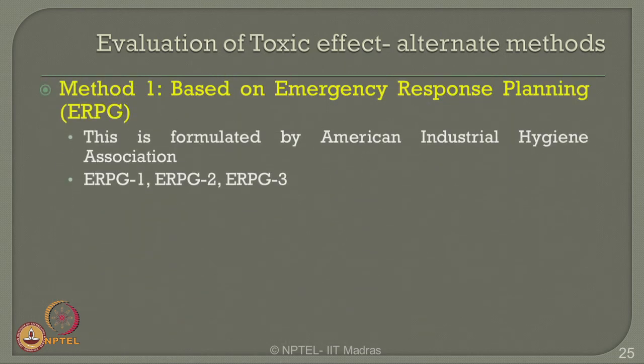Method 1 is based on emergency response planning, which is ERPG. This is actually formulated by American Industrial Hygiene Association. Depending upon the type of gas release or the chemical release, for every release available in the chemical engineering handbook, you have what is called ERPG level 1, level 2 and level 3 respectively. So, based on these ERPG guidelines given by AIHA, one can always check the evaluation of the toxic effect on humankind.